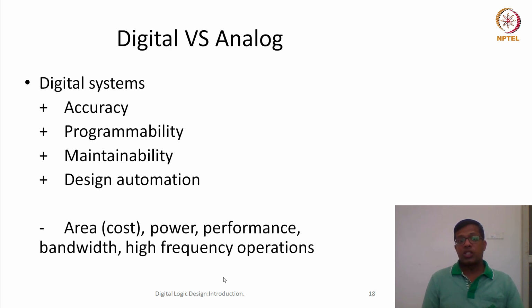Okay, the other thing is the effect of environment. For example, temperature is increasing, humidity is increasing. Because of that, electrical properties of your basic circuit like resistance, capacitance, inductance will also change.